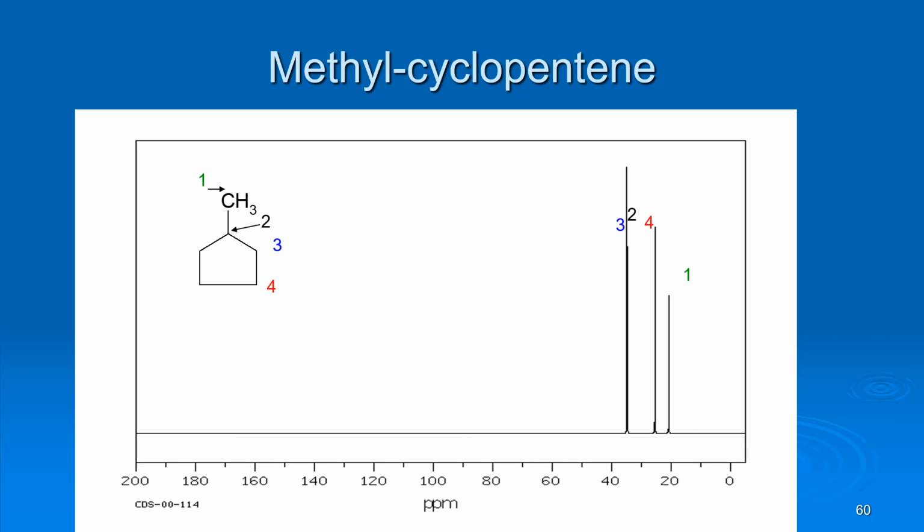And you may have to look at the integration to know if it's 1 or 2 carbons. So that's why I'm thinking maybe the one on the left is carbon number 3 and the one on the right is carbon number 2. But 2 should be, the more bonding we have, the further to the left, which is kind of odd because carbon number 4 also is bonded to 2 others, so it's 3. So this is number 4 here, and the integration would tell, but you can see that they're all pretty close to each other.